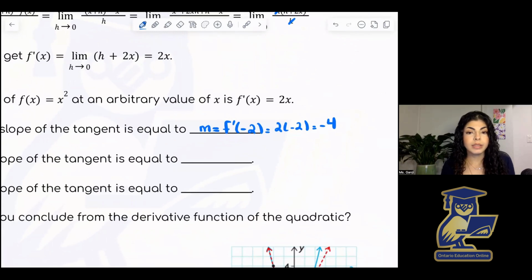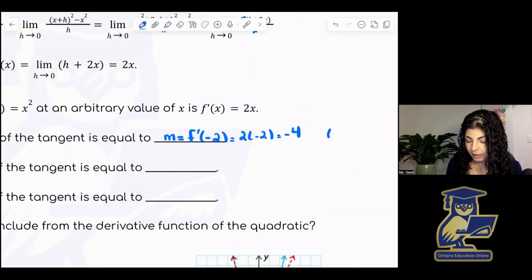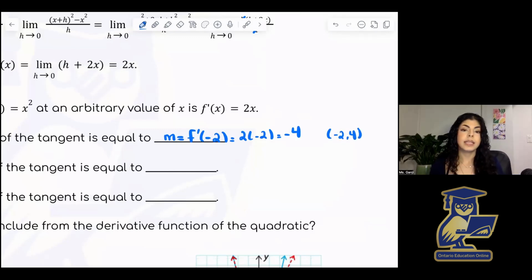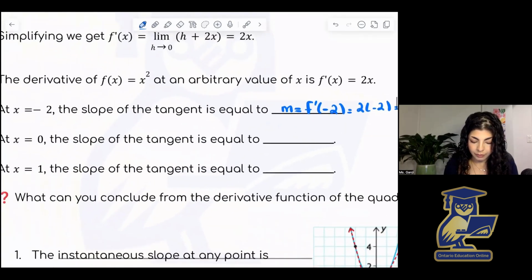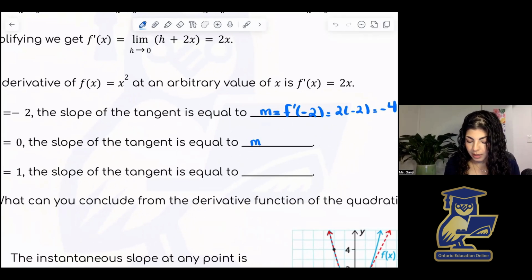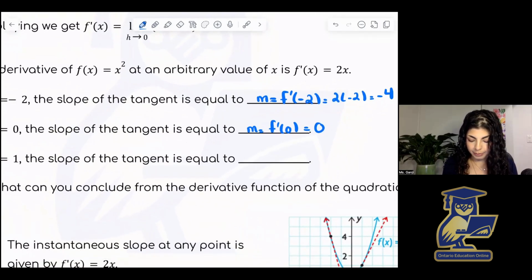So this can either be the slope of the tangent at point -2, so the point is -2, 4, is equal to -4, or you can say the instantaneous rate of change of the function at point -2, 4 is -4. And for the other two, the slope is f prime of 0, and this is just 0, or m equals f prime of 1, which is 2 times 1, which is 2.